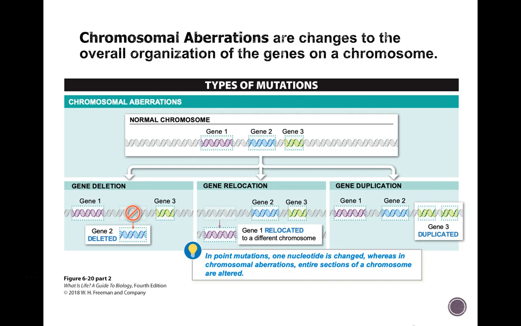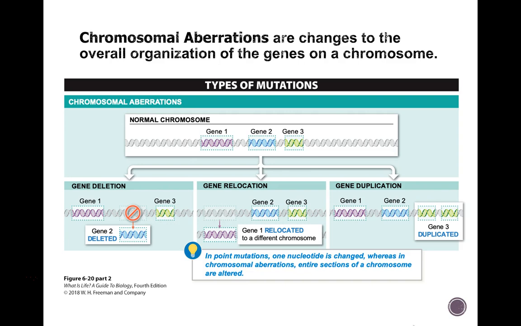So our second type of mutation is a chromosomal aberration. So this is a change in the physical characteristics of the chromosome itself. So there are several ways that this can occur. You can get a gene deletion or a region deletion, where say a breakage occurs, and in an attempt to repair the break, the cell loses a chunk of DNA.